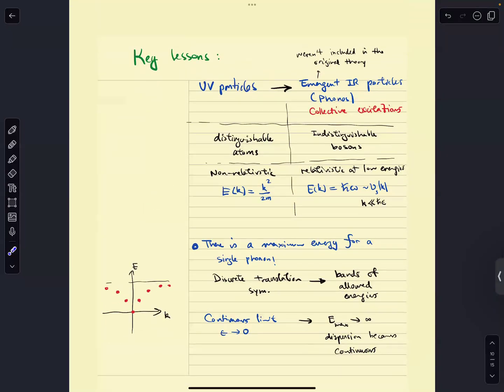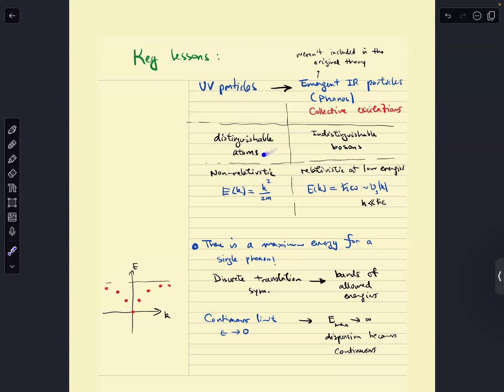All right. So what are the key lessons that we learned from this example? The lesson is what I was advocating before. We start with a bunch of UV particles, and in the infrared, we get emergent quasi-particles, in this case phonons, that were not included in the original theory. These are collective excitations, and they have very different physical properties.